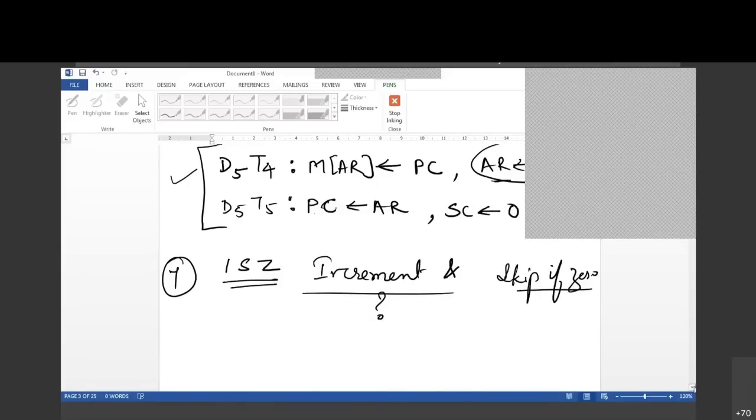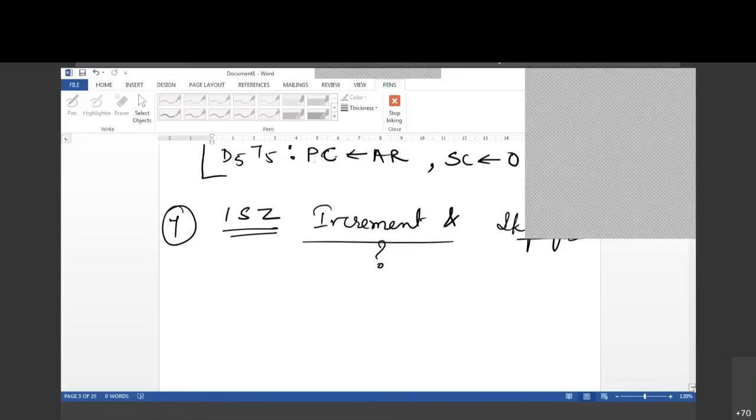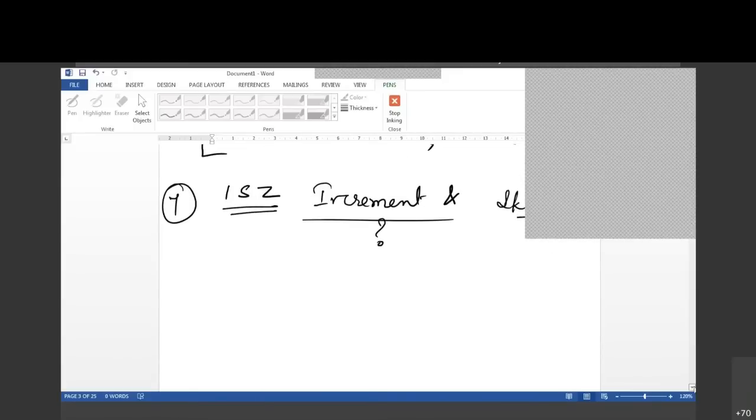Incrementing the content of memory to which your address is pointing to, AR is pointing to. Okay, I need to increment the content of memory, that is, the content at the location that AR is pointing to. And then if this value is 0, I want to skip to the next instruction. I want to skip the next instruction.